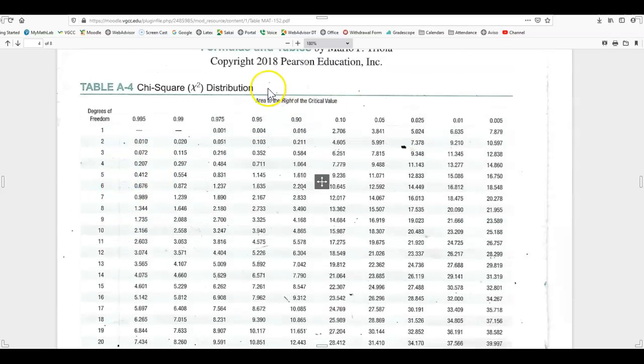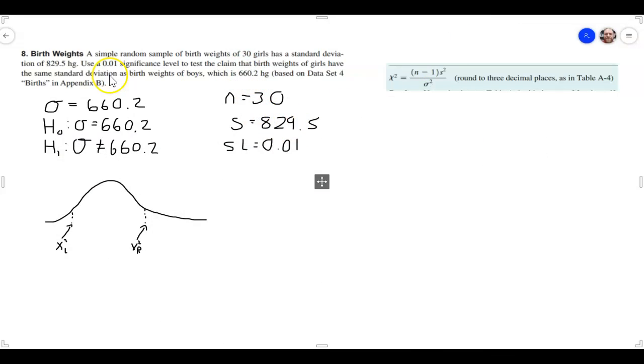And this gives us the area to the right of the critical value. So since my significance level, once again, is 0.01, that means that in this area, I'm going to have 0.005.